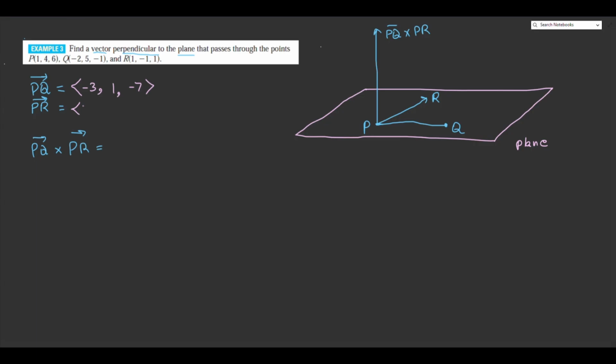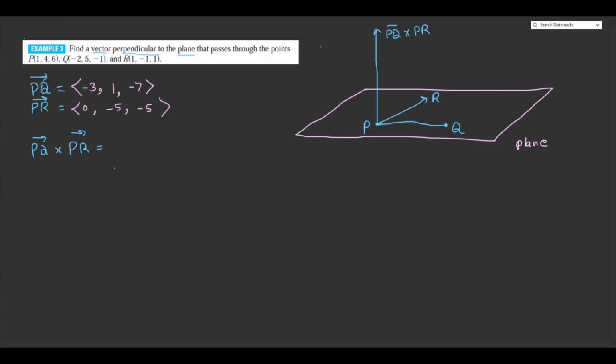PR is equal to R minus P. PR is 1 minus 1, which is 0, minus 1 minus 5, which is minus 6... minus 1 minus 4 becomes minus 5, and 1 minus 6 again gives you minus 5.